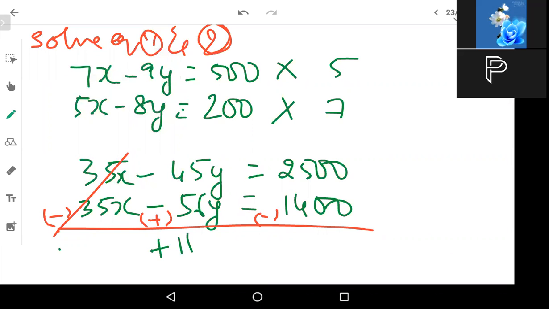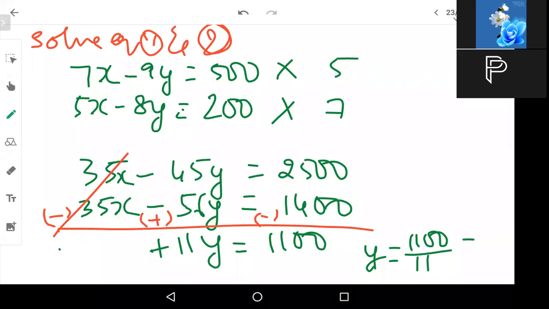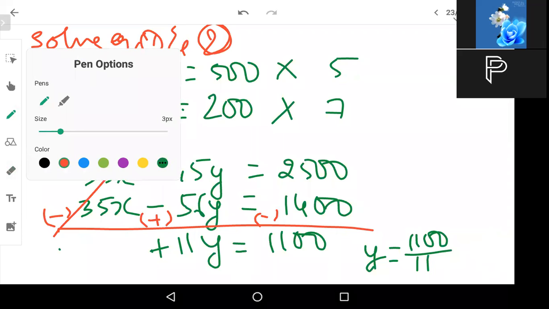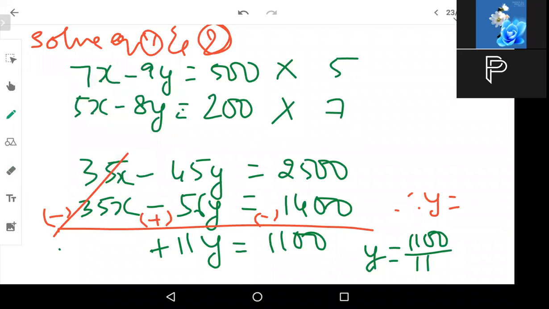Plus 11y is equal to 1100. So y is equal to 1100 by 11. So y value is 100. Therefore y is equal to 100.